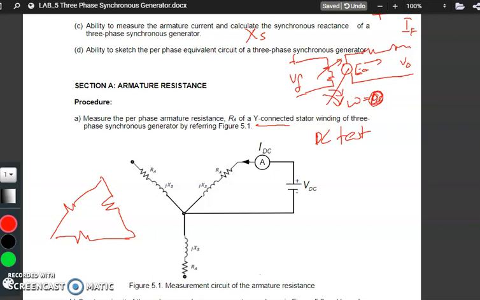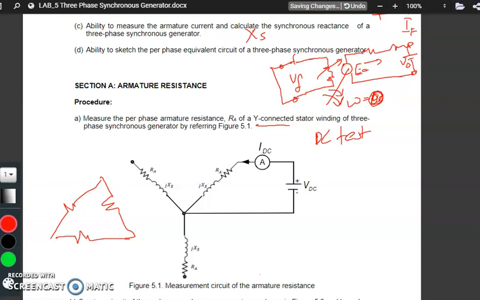We don't rotate anything. Also the VF is connected as a short circuit, so we don't connect any kind of source to the VF. And V out is open circuit, so V out is connected to the DC.